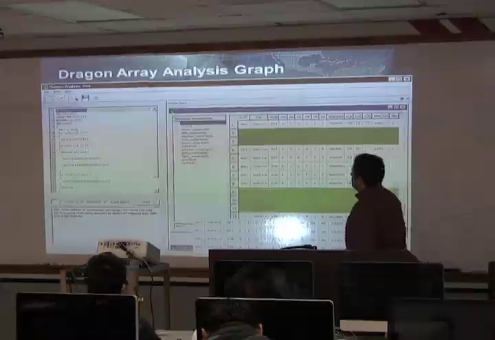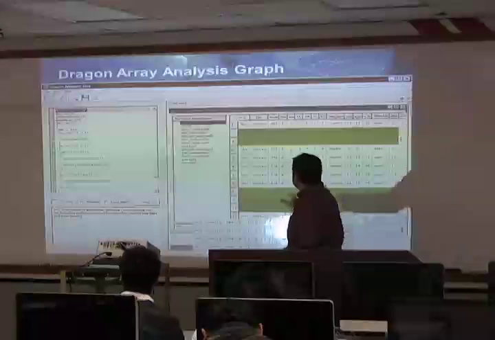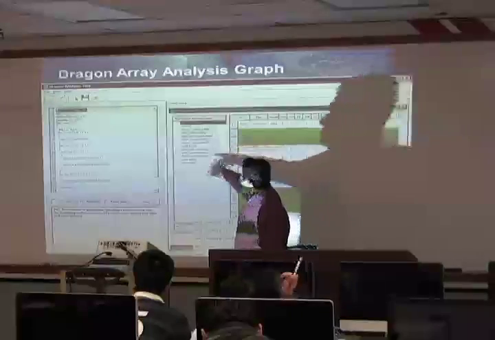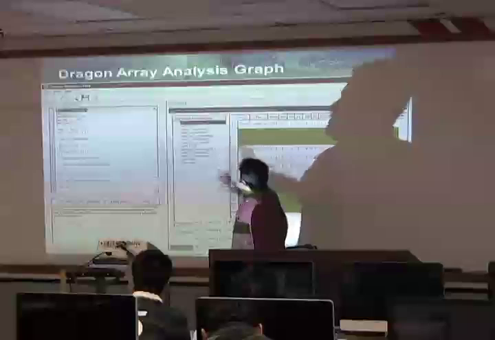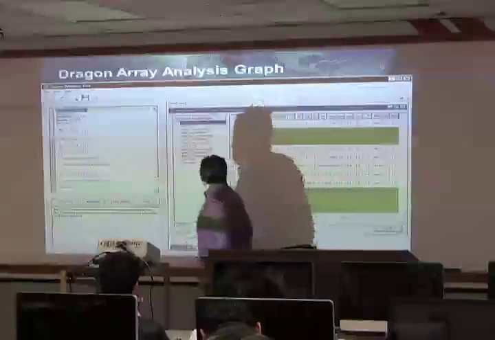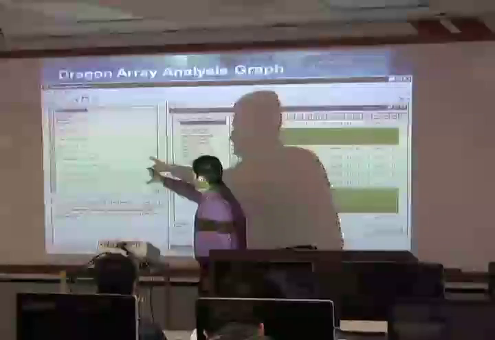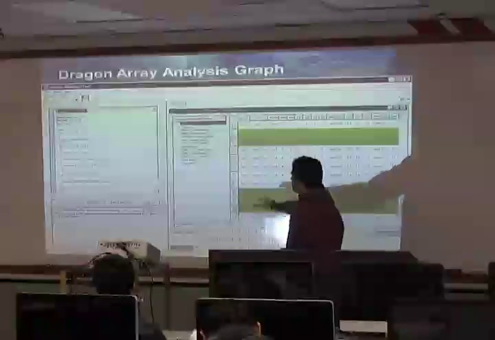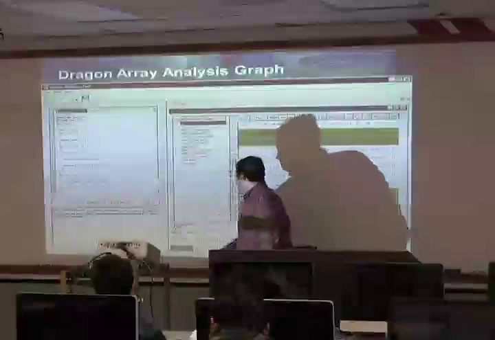To show our array analysis tool, as we can see, it supports syntax highlighting. Here the X symbol represents the global arrays, and here are all the functions inside the application. We are showing a simple example, and we have a grep method. We are searching for an array named AA.